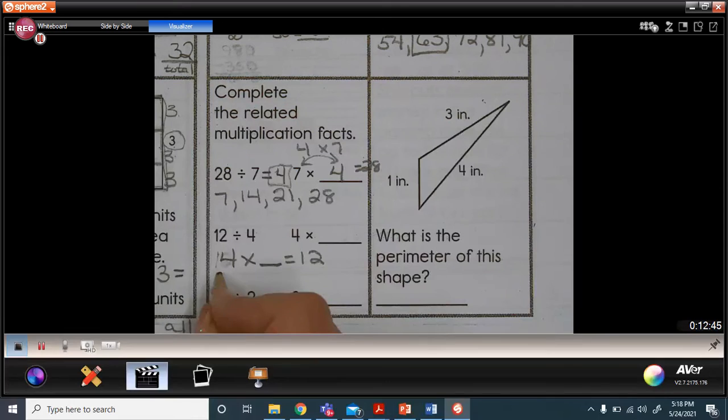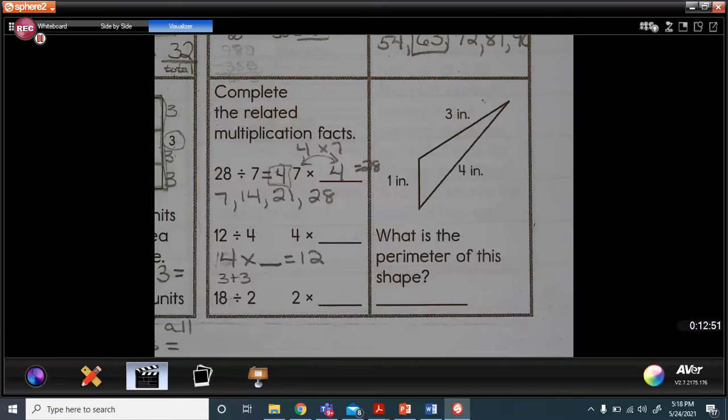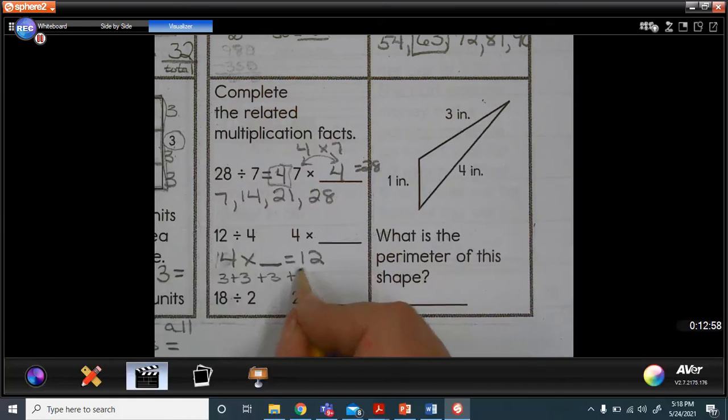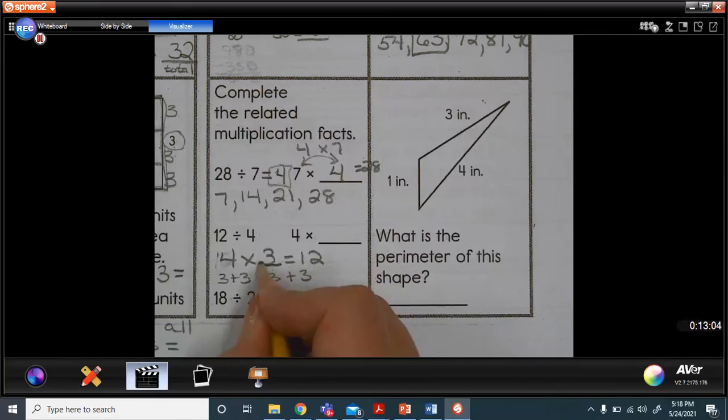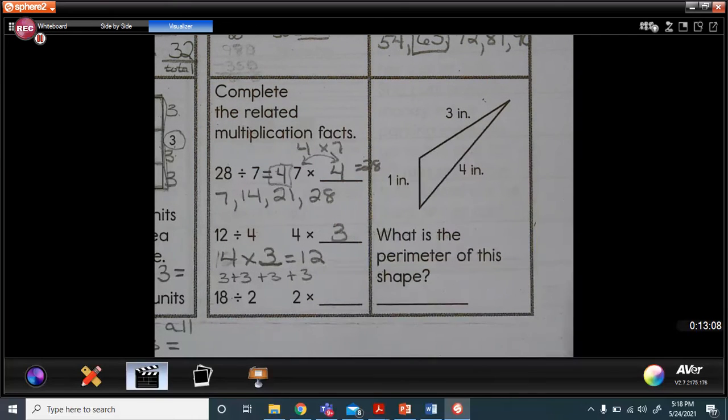Well, let's see. 3 plus 3, that's right, is 6. And another 3 is 9. And another group of 3 is 12. So I have 4 groups of 3 to make 12. So my missing factor here is 3.